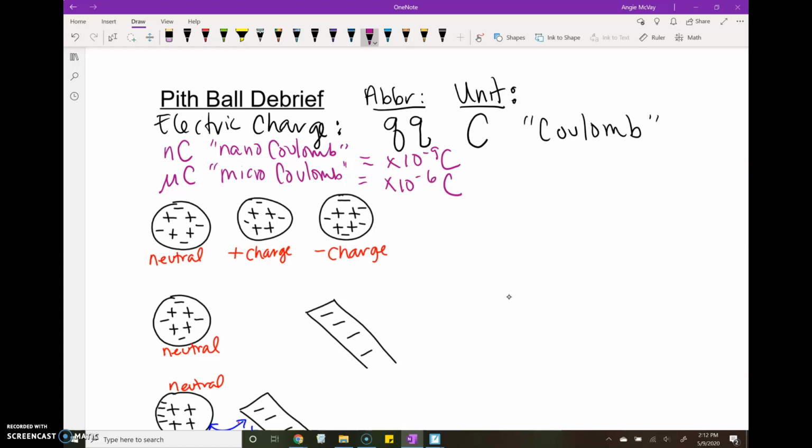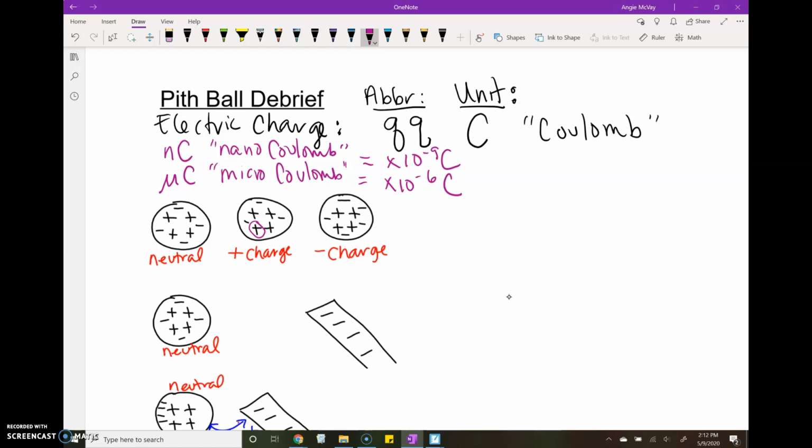If you've got more positives than you have negatives, then an object has a net positive charge, right? Because one of these positives isn't canceled out by a negative. And then if you've got more negatives than you have positives, then you'll have a net negative charge.